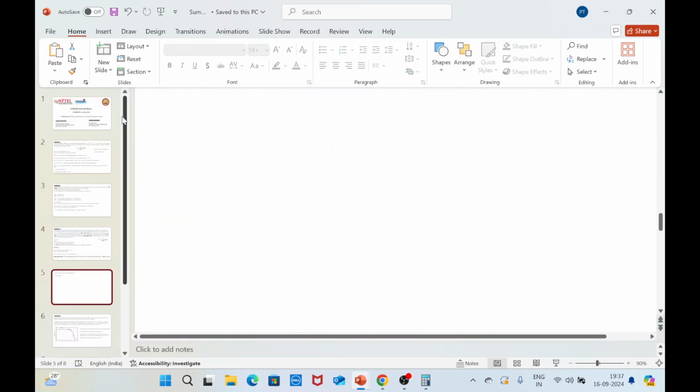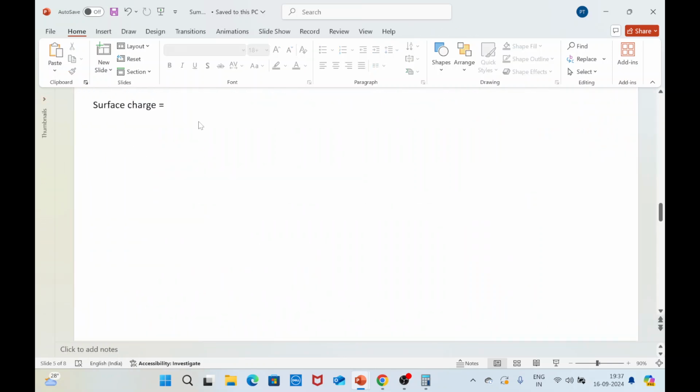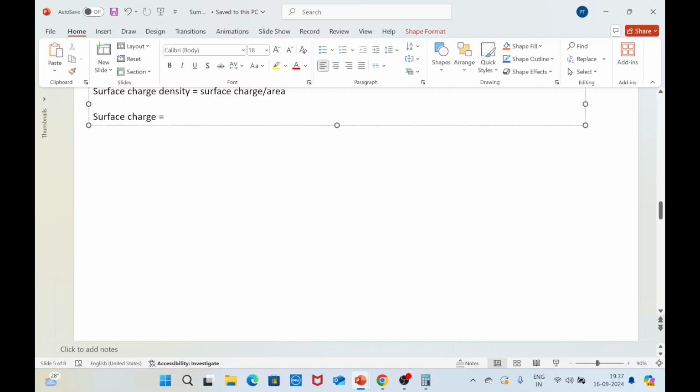So let's use this expression. 3.066 times 10 power minus 18 by 4 pi r square. So 4 times 3.14 times r square. R is 22.1 times 10 power minus 8 centimeter.